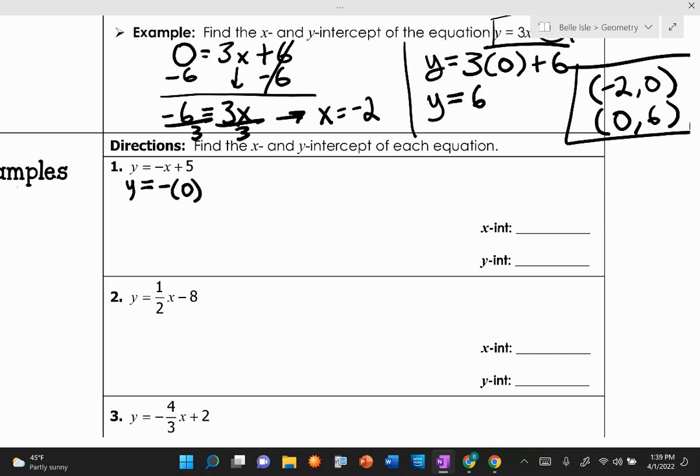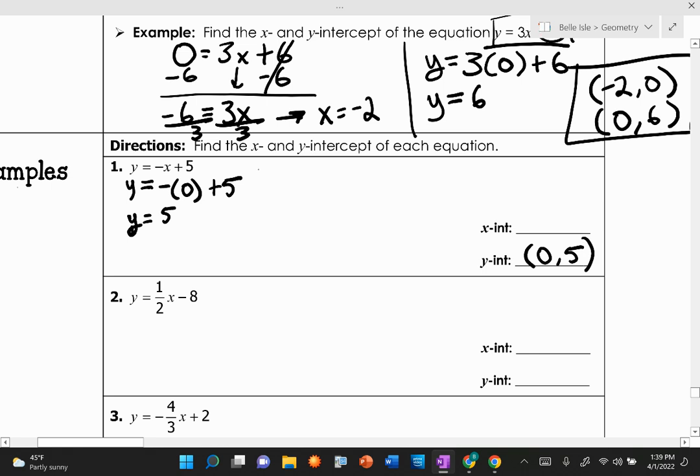Once we get to the graphs, I'll show you why. Okay, so Rowan was saying we already know, because of the slope-intercept form, if you go ahead and plug it in, this is what it would look like. A negative times 0 is going to just be 0. So you've just got y equals 5, which means your y-intercept is going to be (0, 5).